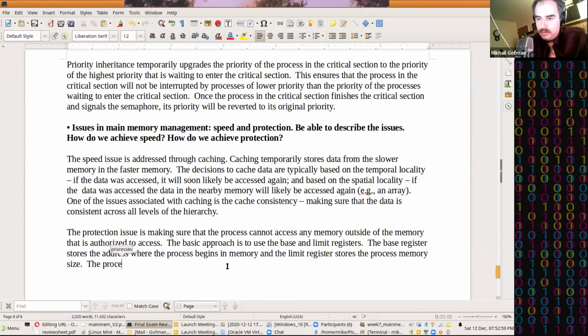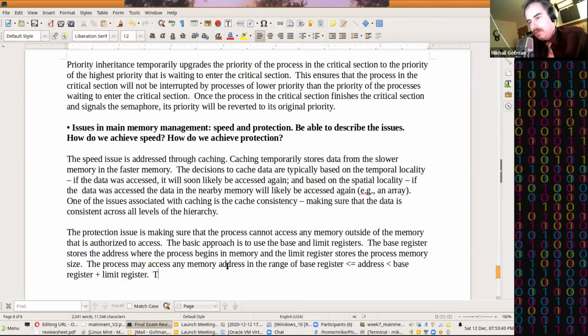The process may access any memory address that is greater than or equal to the base register, and it has to be less than the base register plus limit register.